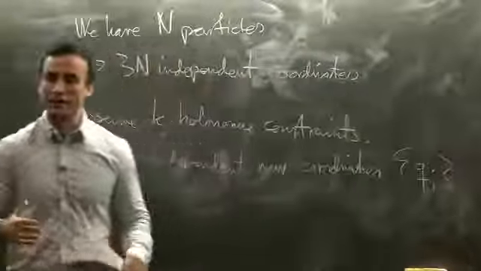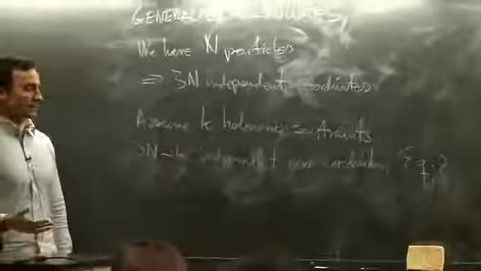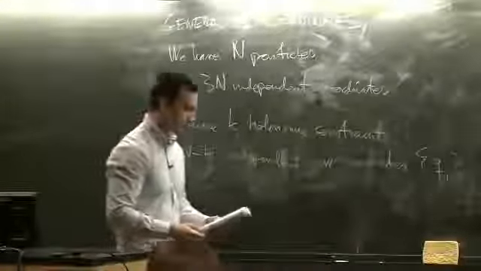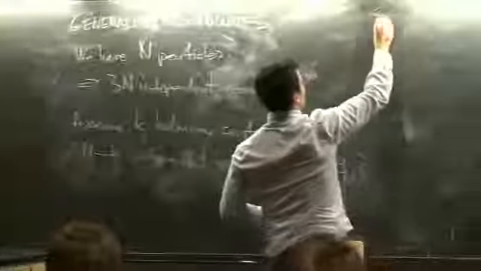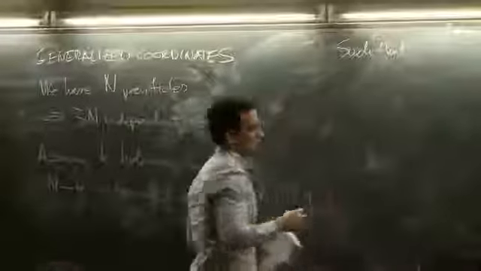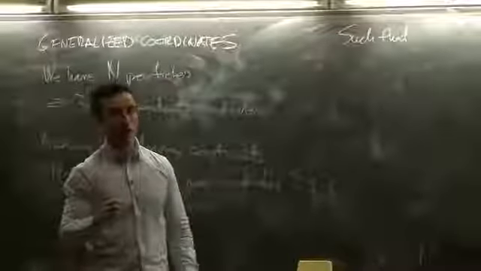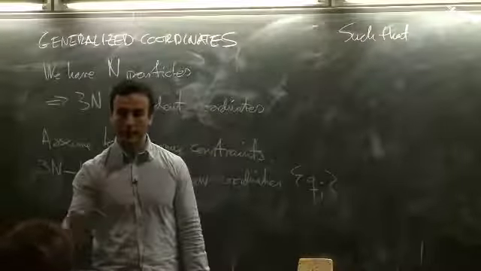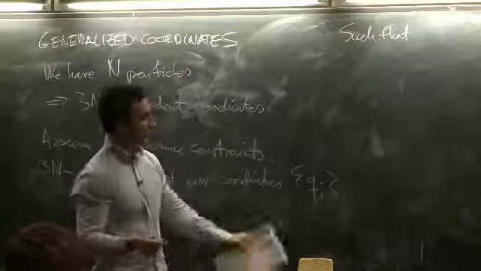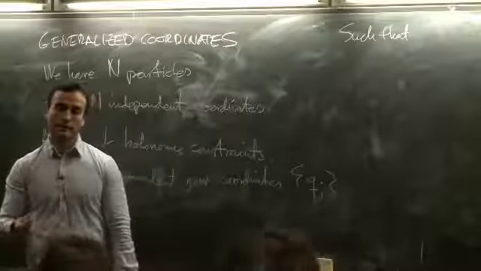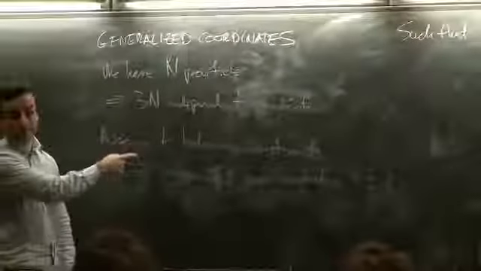And we denote this new set of independent coordinates as qi. So that if Ri are the original 3n degrees of freedom, then qi are these new independent degrees of freedom when taking into account these k constraints.